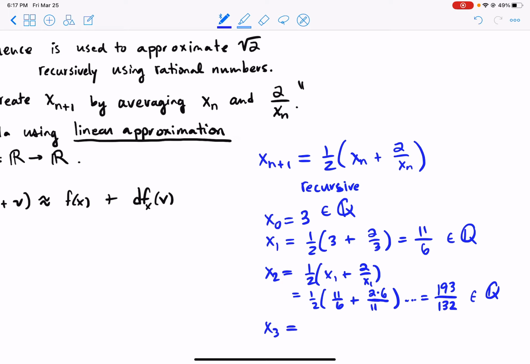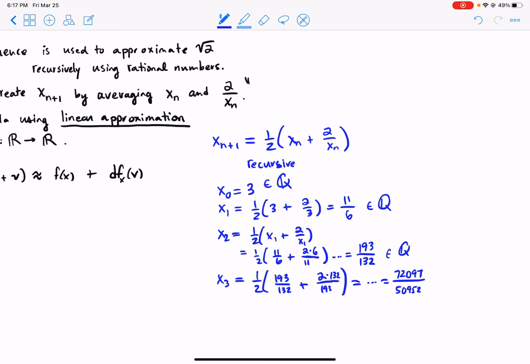It turns out that x3, if you plug this in, 1/2 of 193 over 132 plus 2 divided by 193 over 132, and you work it out, what you get is 72097 divided by 50952, which is again a rational number.